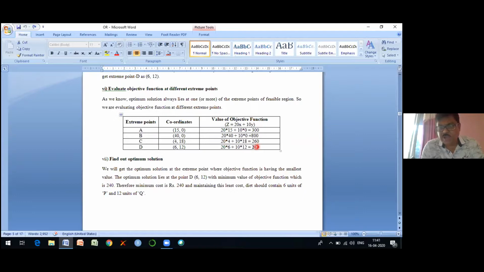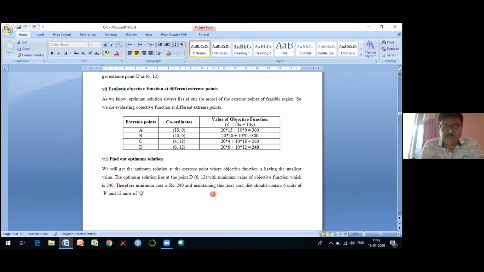This value is the smallest value. The optimum solution lies at the point D with the minimum value of the objective function, which is 240. Therefore, the minimum cost is 240, and maintaining this least cost, the diet should contain 6 units of product P and 12 units of product Q, right? So in this way, we may solve minimization problems using the graphical method.